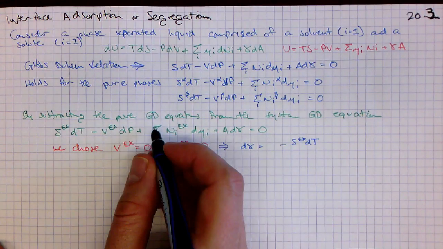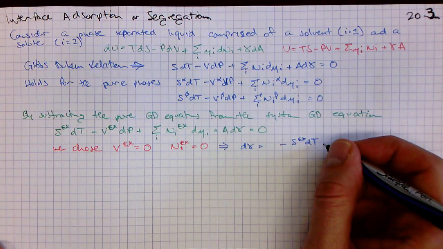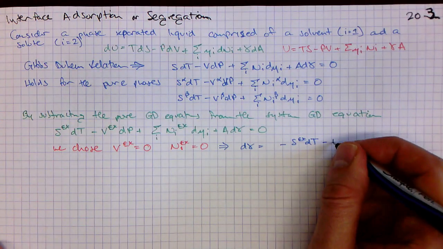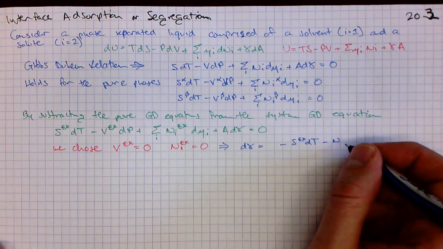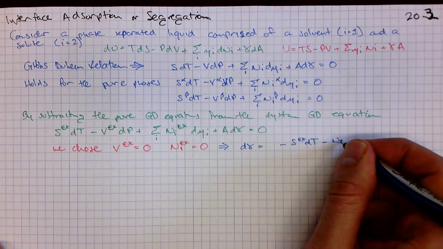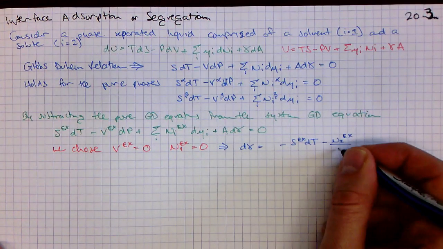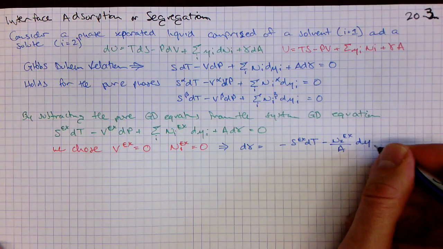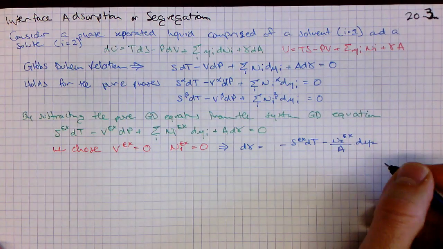The V drops out, and then we just have minus N, and N_1 is 0, so we just have N_2^ex over A d mu_2.